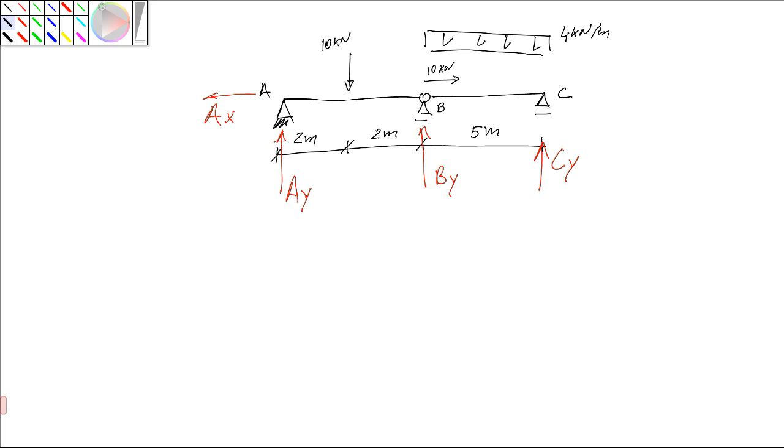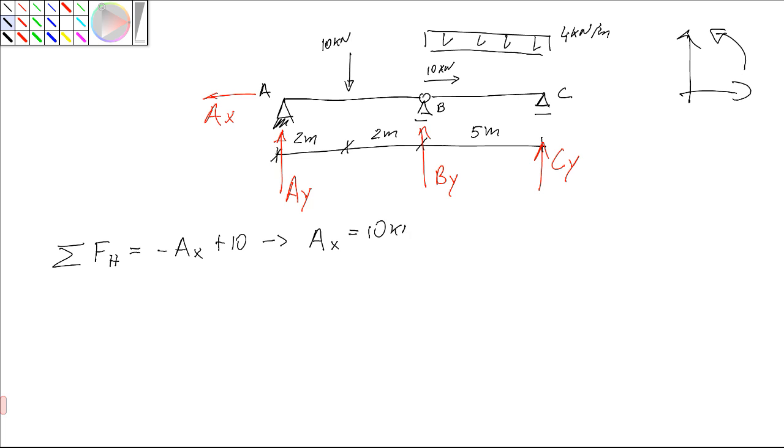So let's see, we can start by doing the sum of horizontal forces using the custom referential. We have minus AX, this guy here, and you have this one here, 10 kilonewtons. So as a result, AX is equal to 10 kilonewtons.